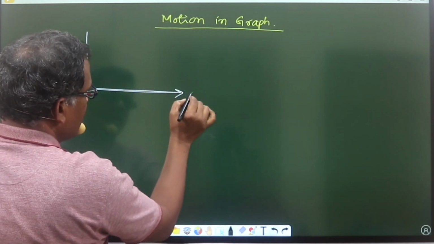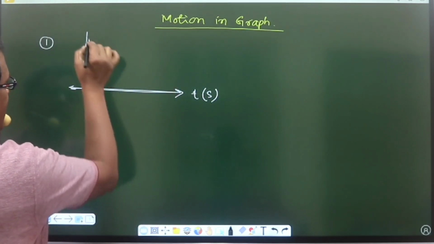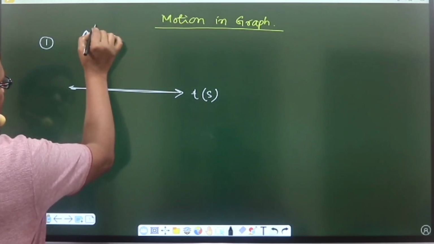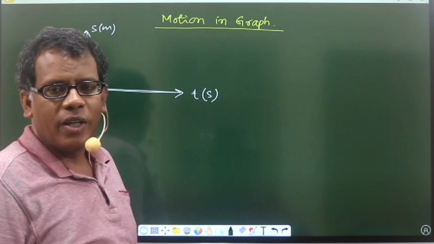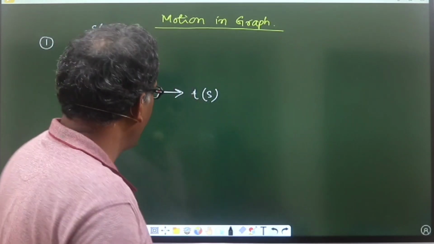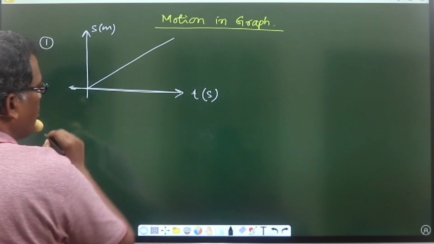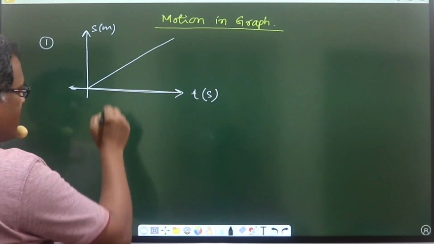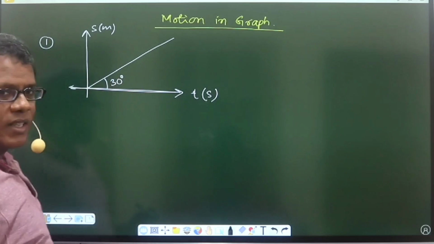So suppose an ST graph is given, with t in seconds on the x-axis and displacement, with the unit of displacement in meters, taken on the y-axis. So an ST graph is showing like this. It is a straight line that is making a 30-degree angle passing through origin.